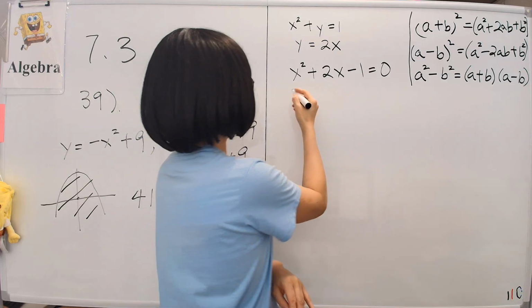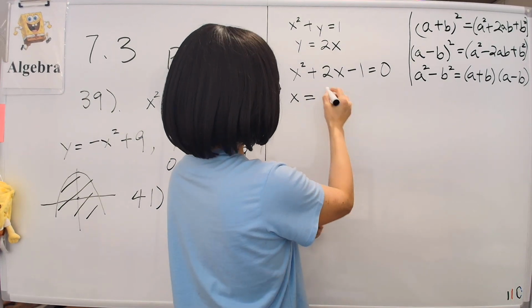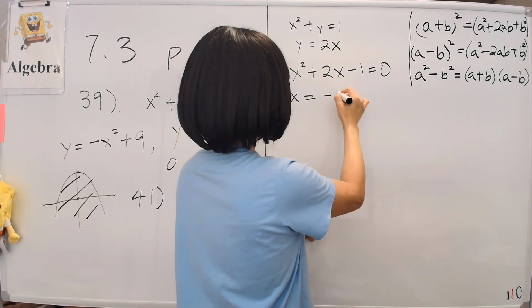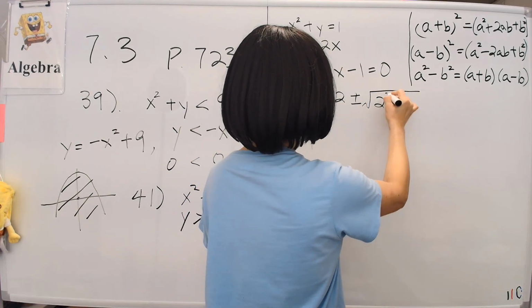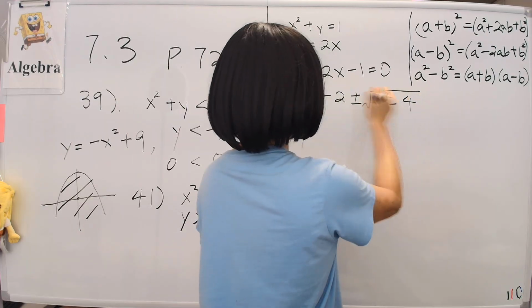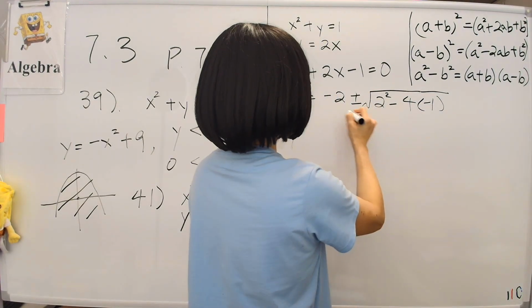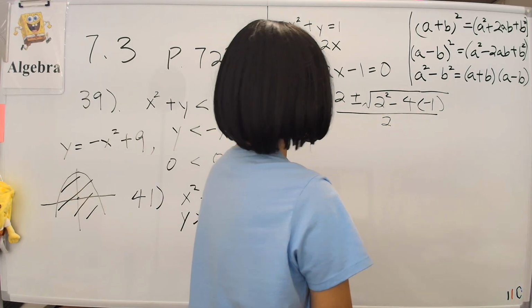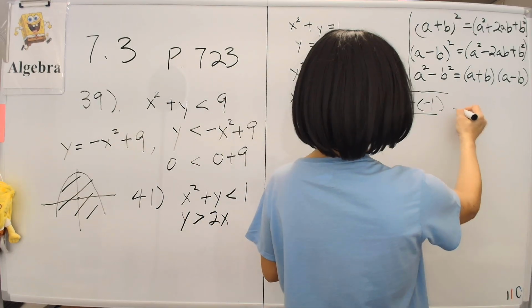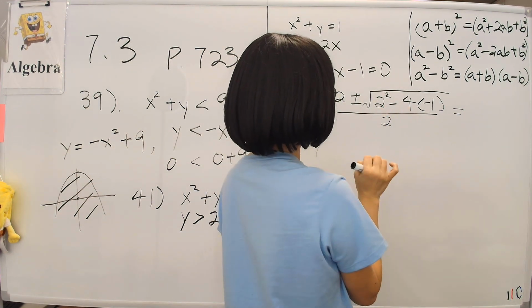So let's do that. The quadratic formula states that the root of a quadratic is minus b plus or minus the square root of b squared minus 4ac, divided by 2a. Here a is just 1, so 2a is just 2. So that's our x, where this part becomes 4 plus 4, which is 8.